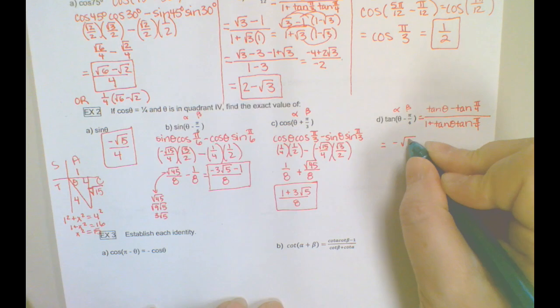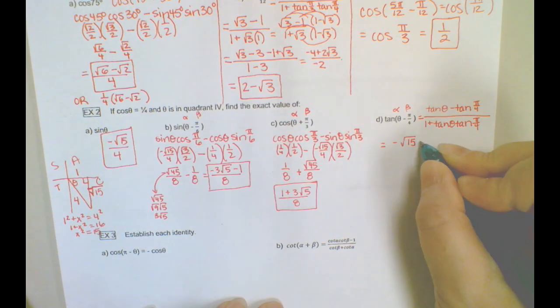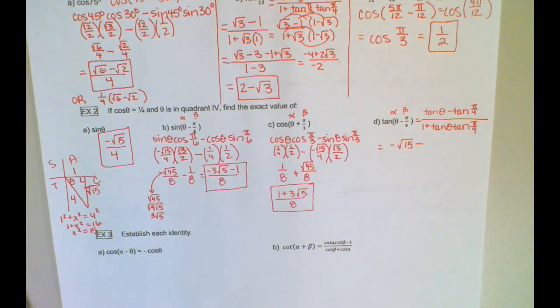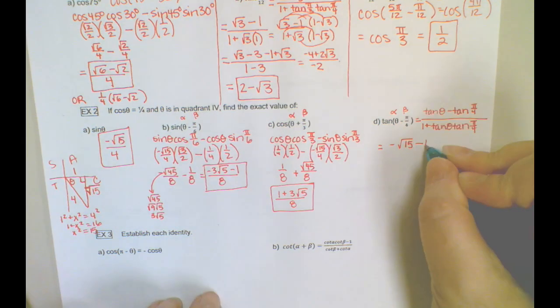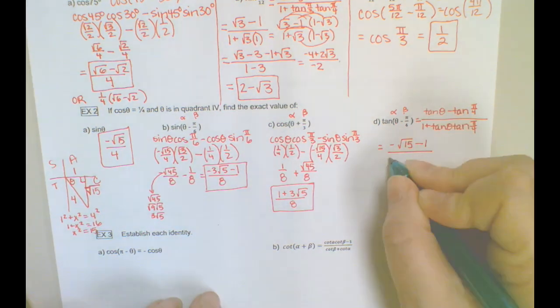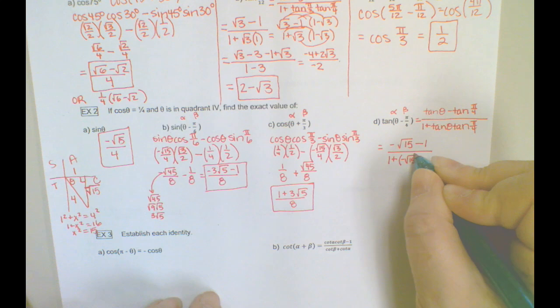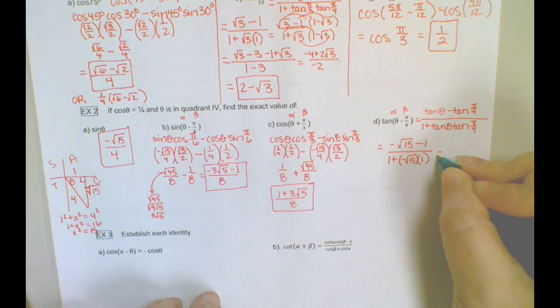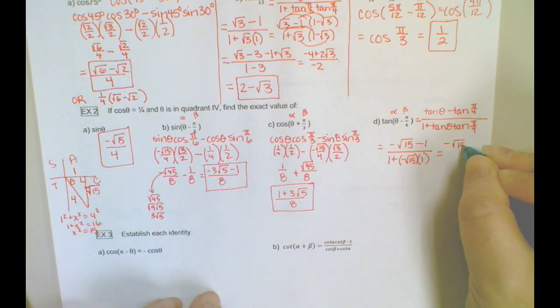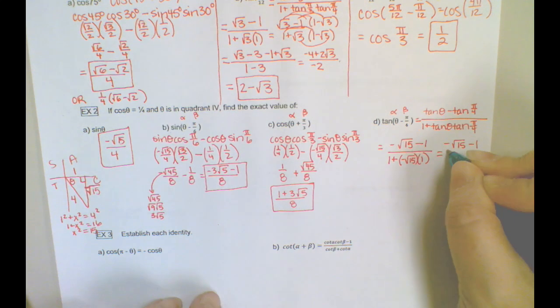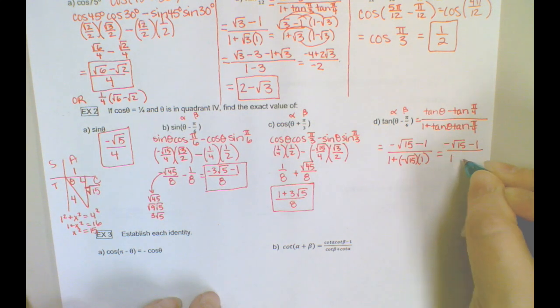So we'll plug that in. And then minus tangent at pi over 4. We've already done in an earlier problem. That is 1. And then 1 plus negative radical 15 times 1. So negative radical 15 minus 1 over 1 minus radical 15.